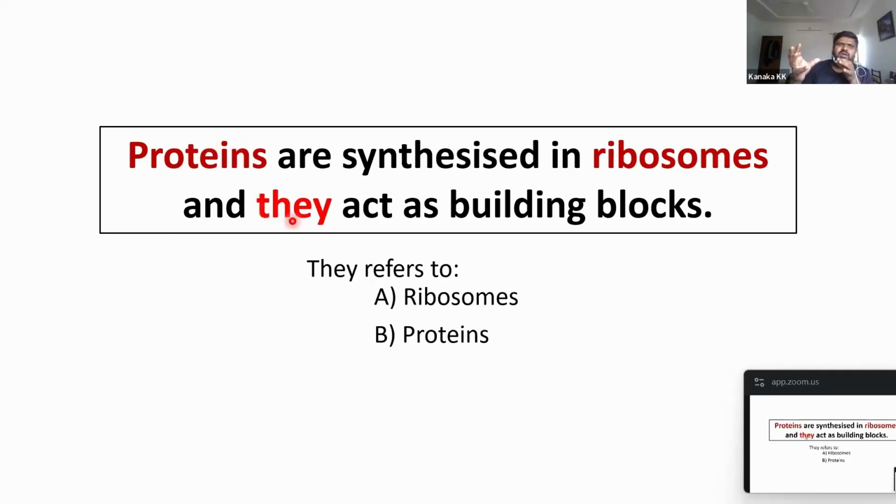So here I need to understand the context in which the sentence is framed, and which are the important terms I need to connect. For example, if I know biology, if I get training in biology, if I read a lot of biological texts or textbooks, I can correlate that "they" is referring to proteins.